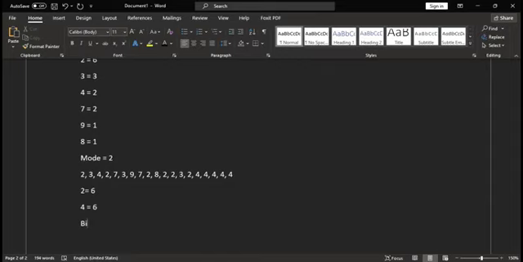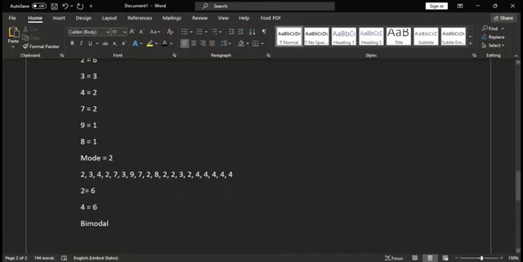Bi refers to 2. Bicycle, that is 2 cycles. A bicycle has 2 cycles. So when you hear bi, it means 2. So bimodal simply means 2 modes. So you can see in this case that you have 2 with a frequency of 6, 4 with a frequency of 6.